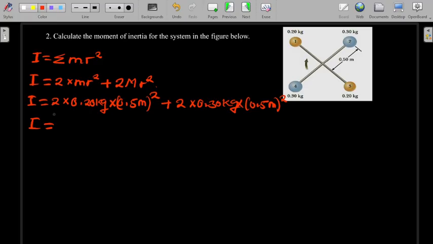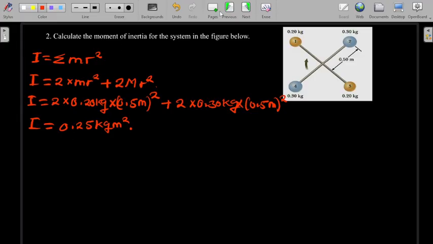Right, so when I punch it on my calculator, I'm getting 0.25. We know the units are kg meter squared. So this becomes the moment of inertia for our system.